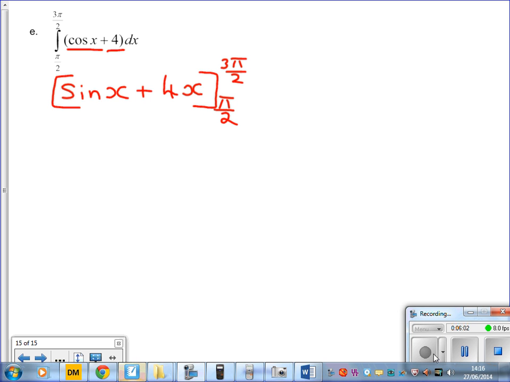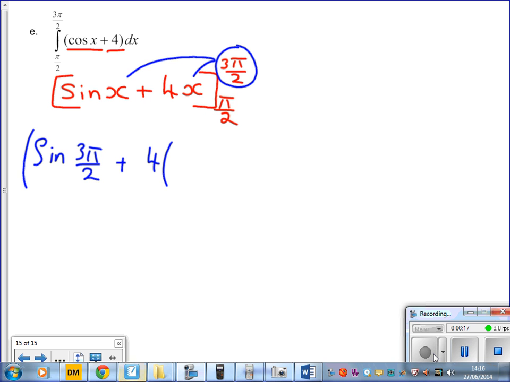So to start with then, substituting in this value for the x, I'll have sine 3 pi over 2 plus 4 times by 3 pi over 2. Take away, now substituting in this value here and here.